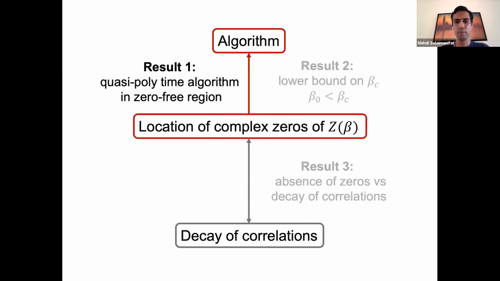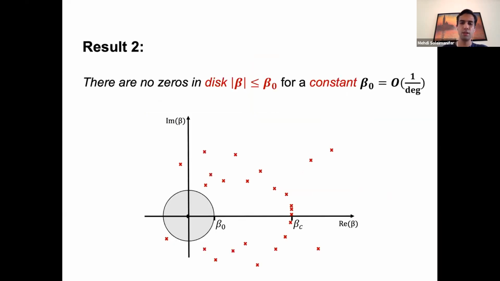All right, so that's the first result. It just shows that as long as you're in the zero-free region, the truncated Taylor expansion approach naturally extends to the quantum setting. But how do we actually prove the existence of such a region? We show that there exists a disk which is free of zeros around beta equals 0 with a radius beta naught, which basically scales as 1 over the degree of the interaction graph.